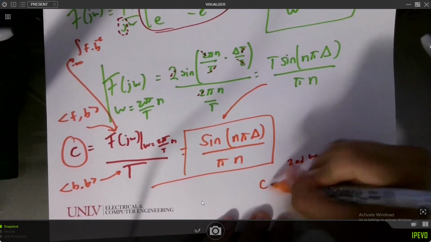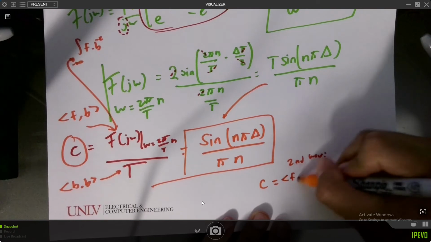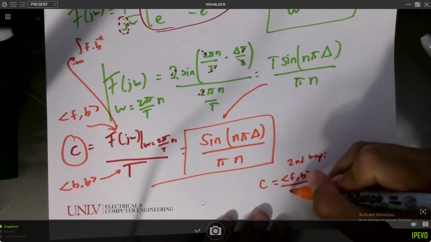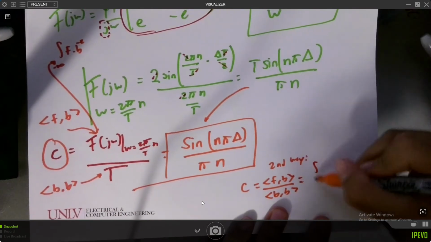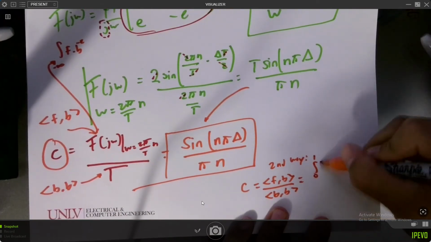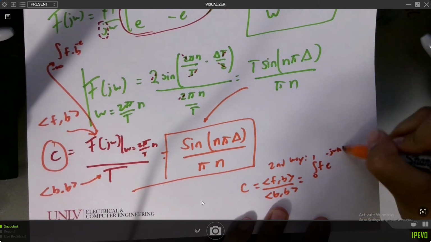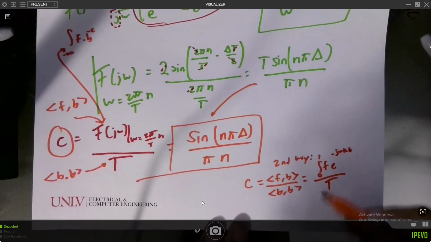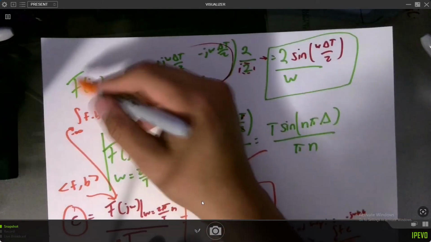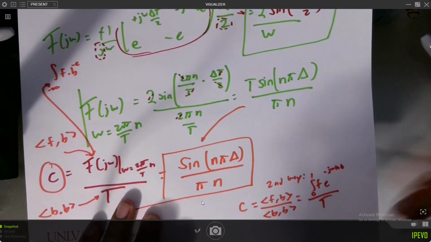Basically, you know the c's, and you know that it's going to equal f inner product b divided by b inner product b, which is basically the integral from 0 to 1 of f times e to the minus j 2 pi k t or something like that, divided by T. So that's your second way. You can either do it by sampling this Fourier transform, or you can do it this way. So there are multiple ways of doing it.